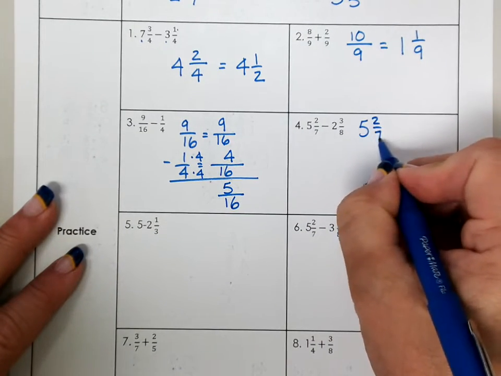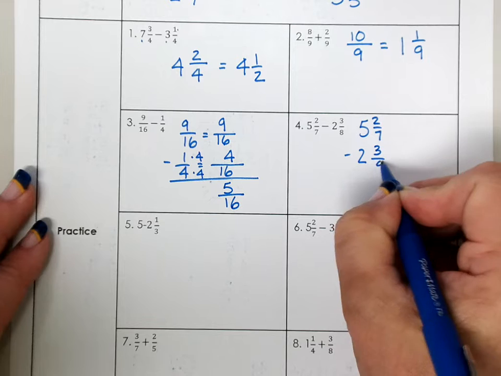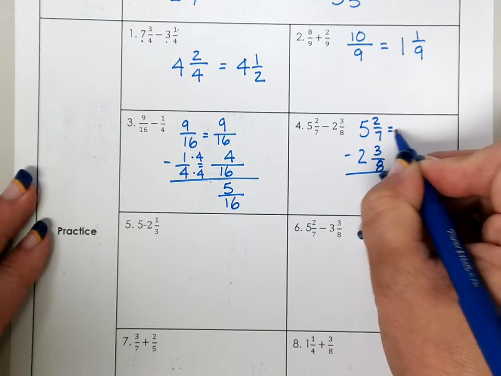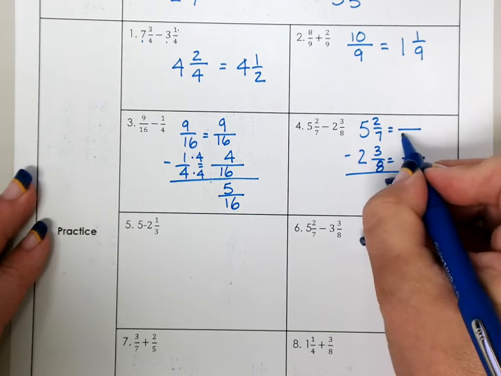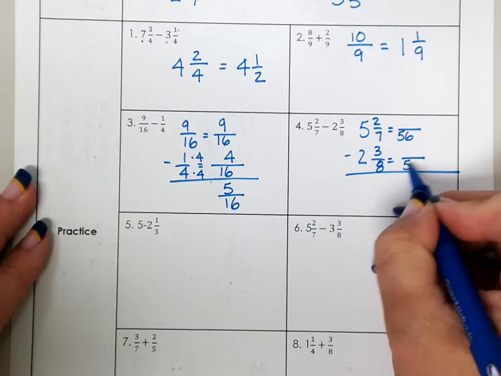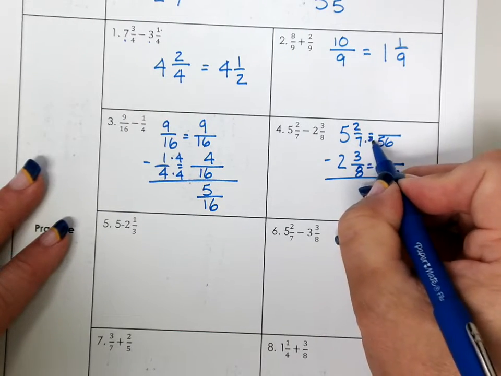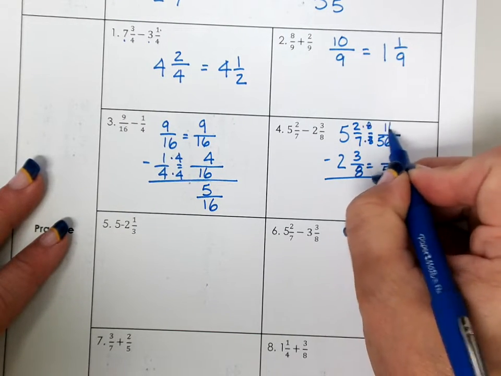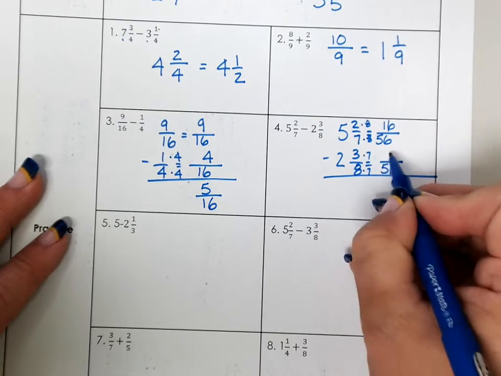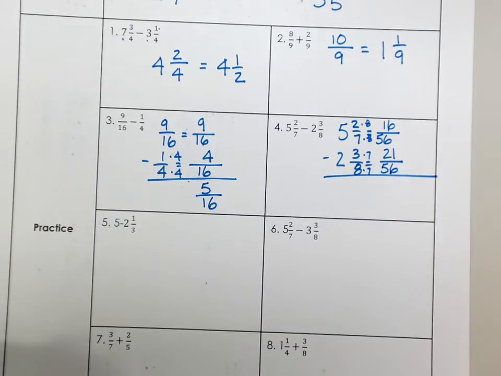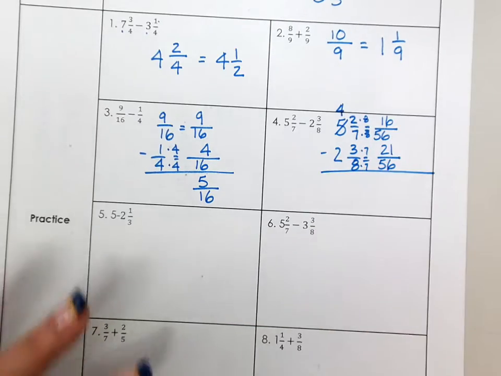5 and 2/7 minus 2 3/8. All right, I'm going to make a common denominator of 56 here. That would be times 8. That's 16. That's times 7, which is 21. Looks like I have to borrow. So I'm going to borrow 1.